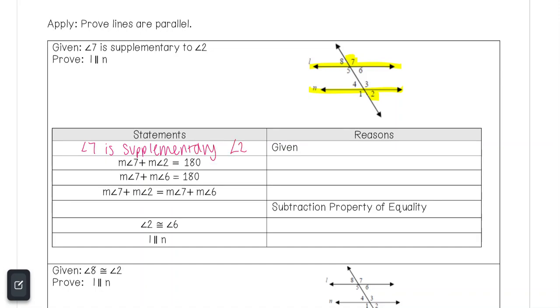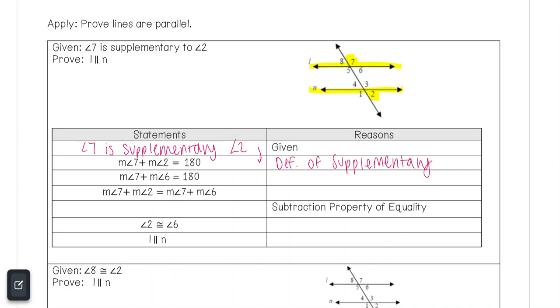And then in the next line, it's already written out that measure of angle 7 plus measure of angle 2 equals 180. So in order to go from line 1 to line 2, I'm applying the definition of supplementary angles, right? Because that definition tells me that those two angles should add up to 180 degrees.